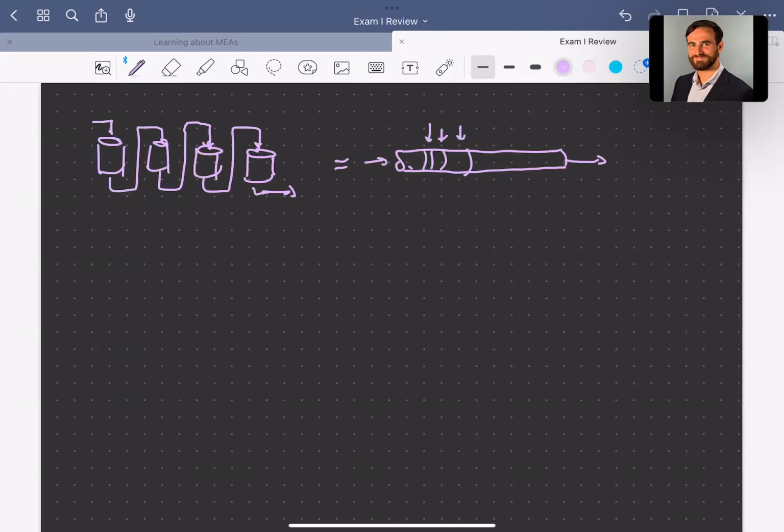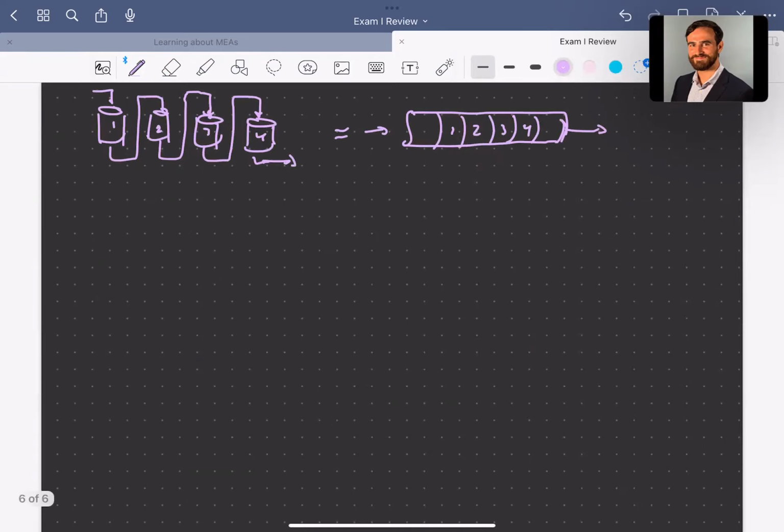So we could call these, say, 1, 2, 3, 4. These would be different positions along the length of the reactor, 1, 2, 3, 4, right? These are well mixed. Okay.